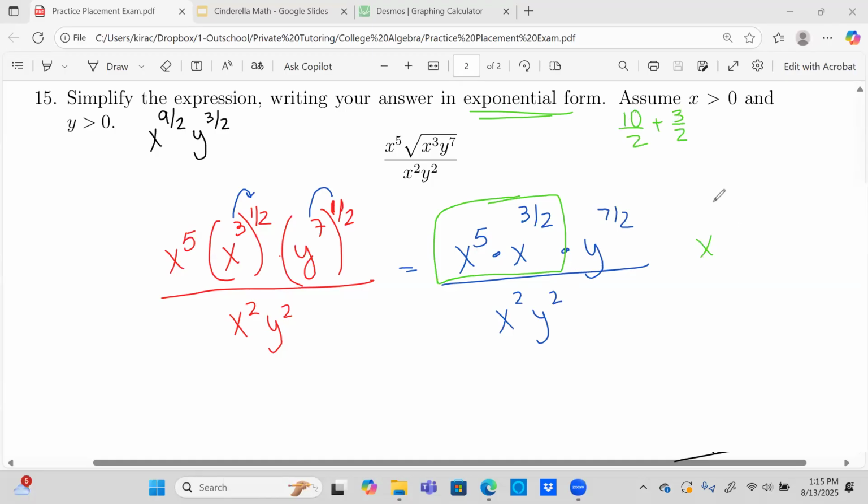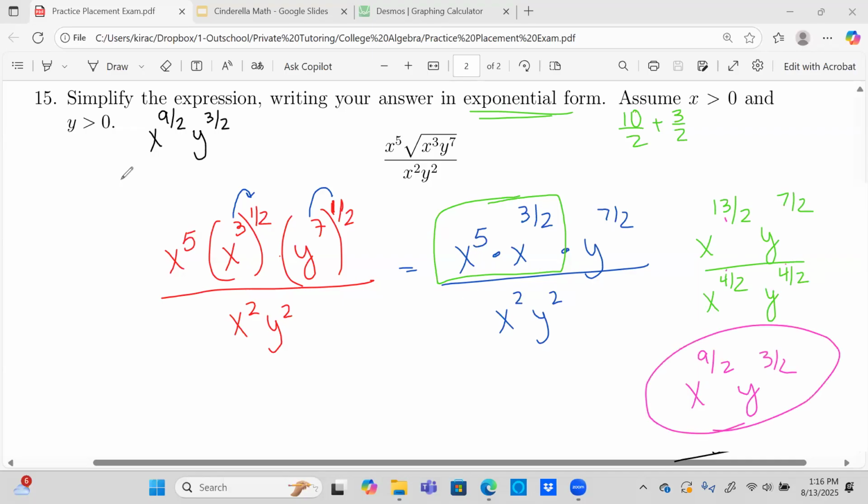So that's x to the 13 halves, y to the 7 halves. And on the bottom, 2 is 4 halves, right? Because 4 divided by 2 is 2. And now the rule is when we're dividing, we subtract. 13 minus 4 would be 9 halves. 7 minus 4 would be 3 halves. Answer, same answer, different method.